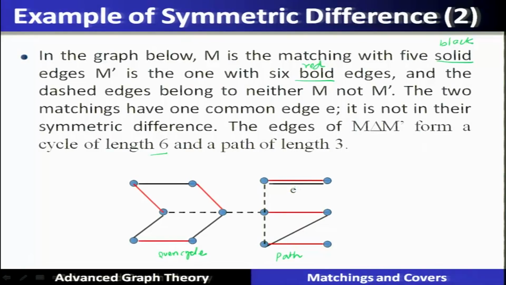This particular edge E is common to M and M prime, so it is eliminated in the symmetric difference. So, it results in an even cycle and a path, as shown in this example.